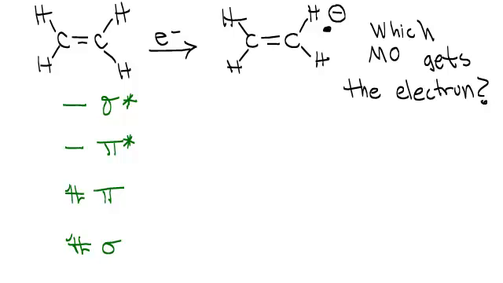The answer is that the electron goes in the lowest energy unoccupied orbital. In this case, it's pi star. Pi star is the electron acceptor.